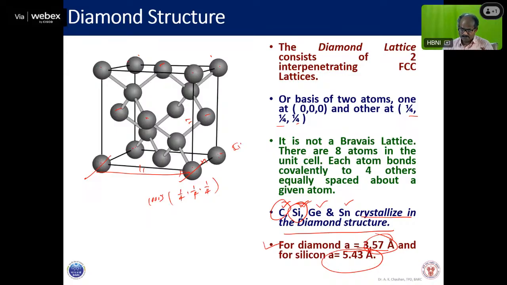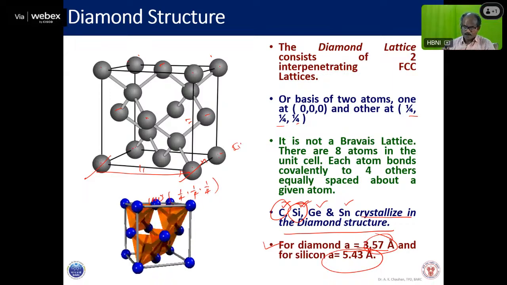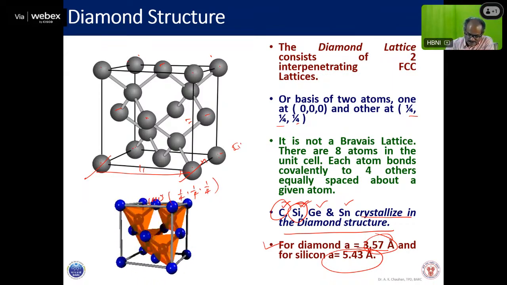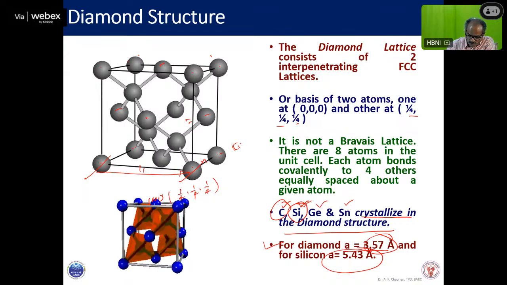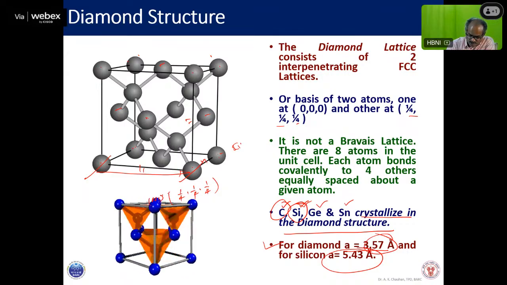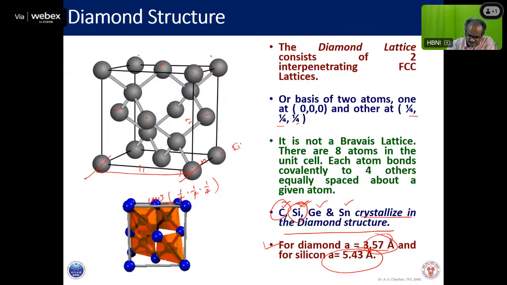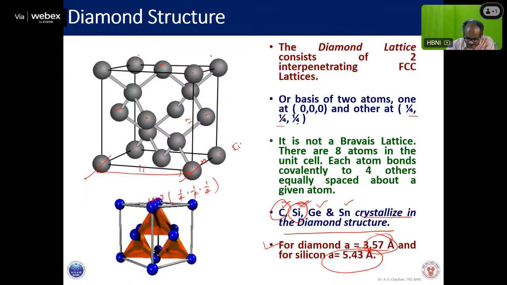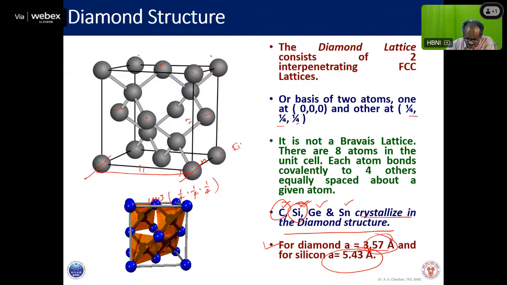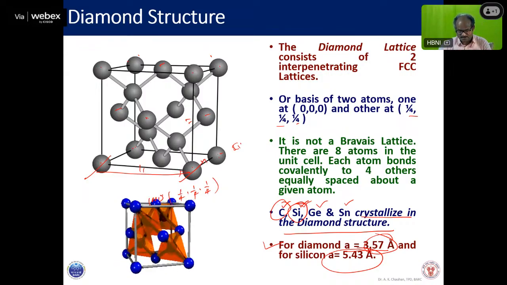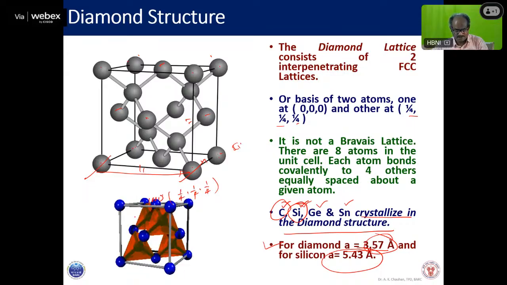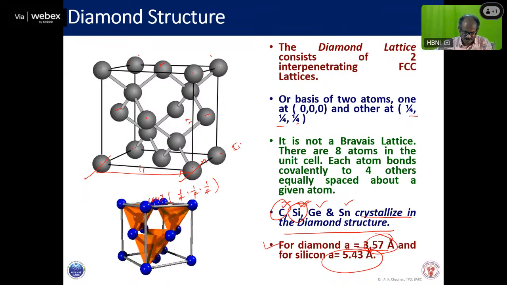This was one very important structure. You can see there are six blue atoms. That is the first sphere, and then there is one atom which you can see here, rotating. These atoms are of the second lattice, which you have forcefully inserted.